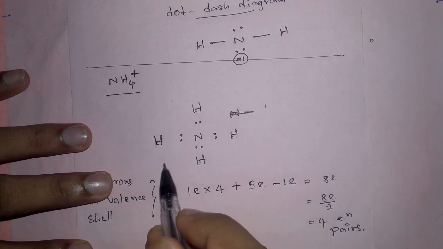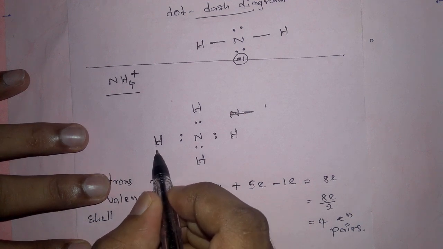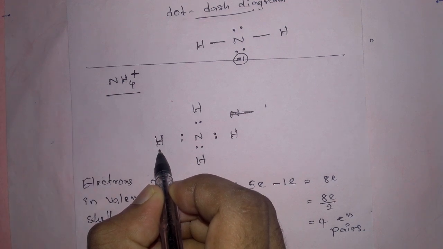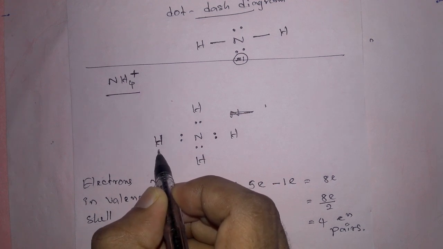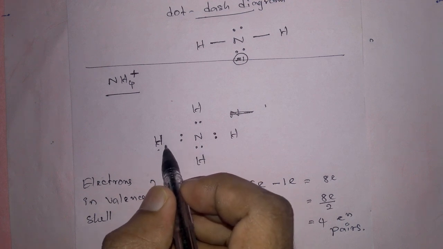All the hydrogens are in the same form, and I will explain about one hydrogen. Consider this hydrogen. It has 1 electron in its valence shell before forming bonds, and after formation of the bond as well, it has 1 electron in its valence shell.